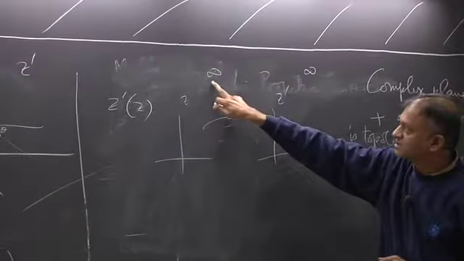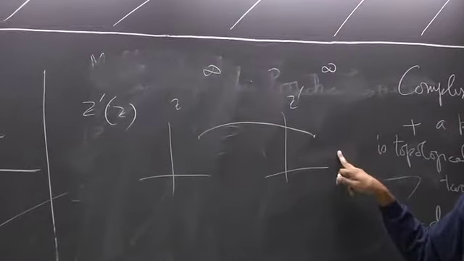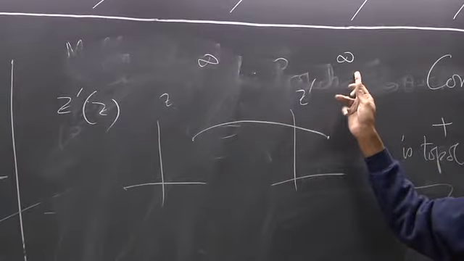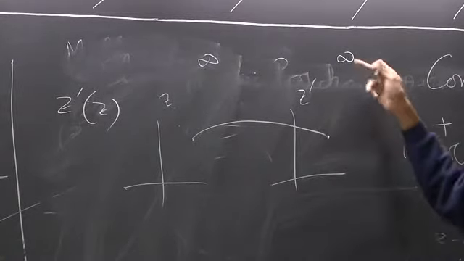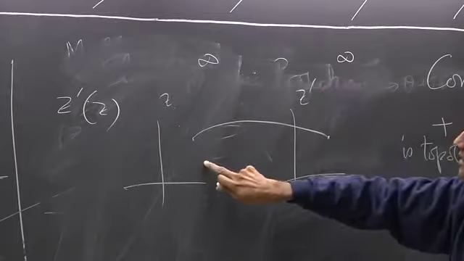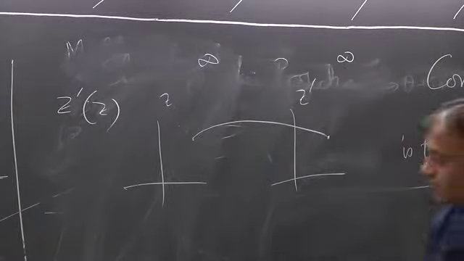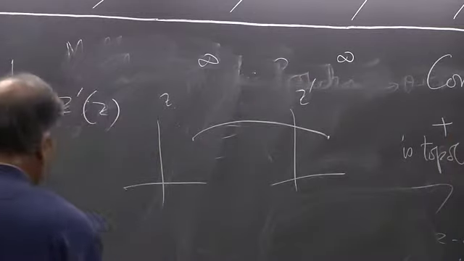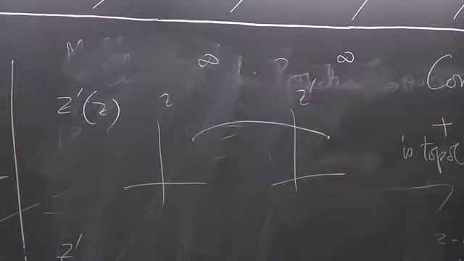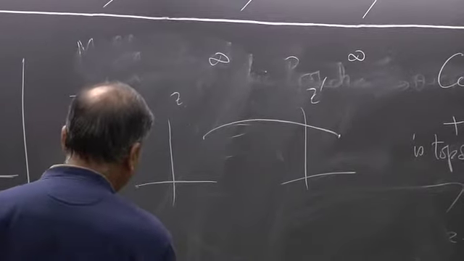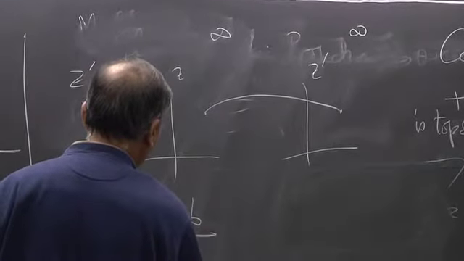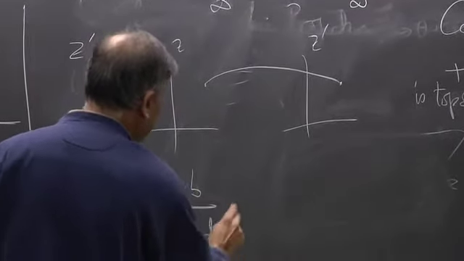So infinity on this plane should be mapped to one point here, perhaps even infinity, or maybe some finite point, and similarly some point here should be mapped to the infinity here. Okay. If you demand that, then the most general transformation is what is called rational linear functions, of the following type: az plus b divided by cz plus d.